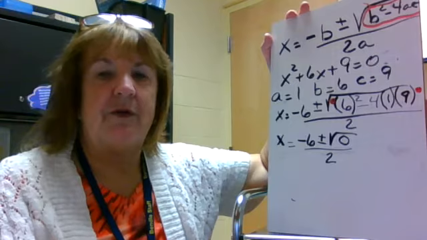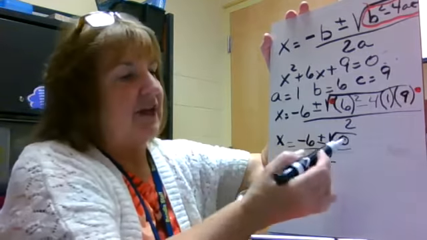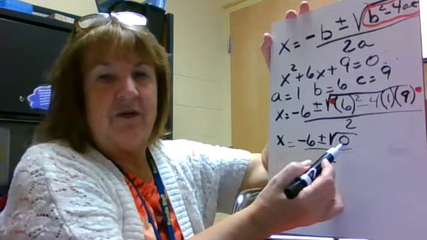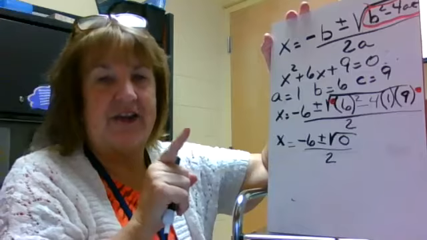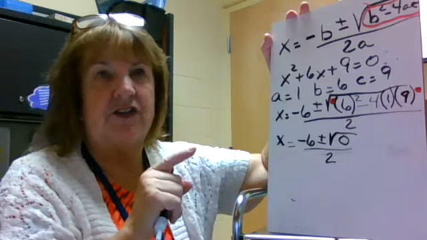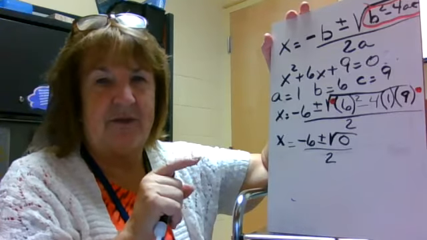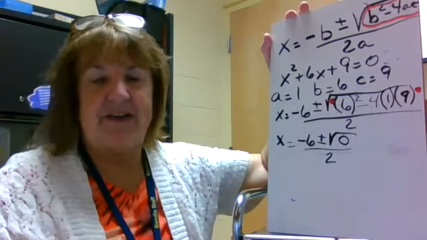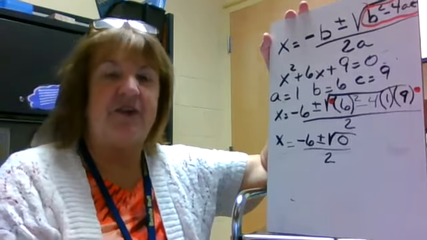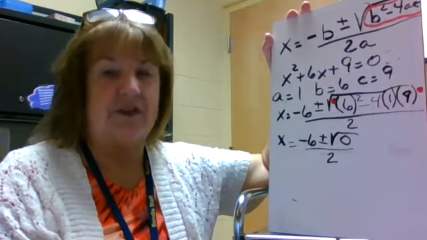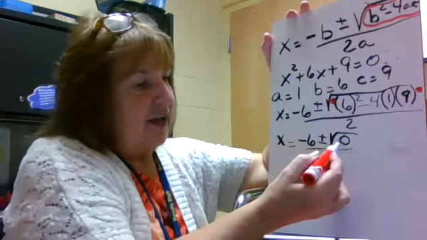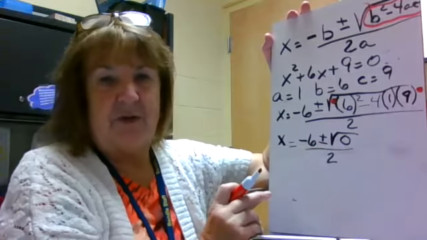Now, if you remember from our notes, when the discriminant is equal to 0, that means there's only one answer. The graph only touches the x-axis one time. Now let's use some common sense here. And you can put this in your notes because this is always going to be the case. Square root of 0 is 0.